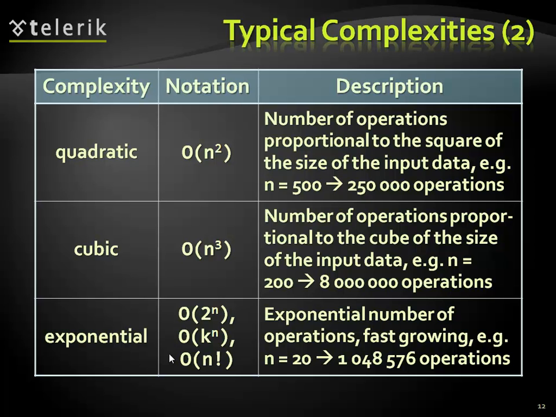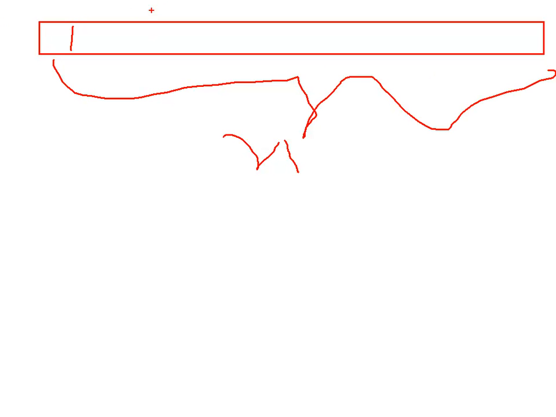Okay, quadratic complexity. For each element, you go through all of the other elements, for example. If you want to create all of the pairs in one array, for example, you have an array of n elements. All of the elements are n. And you want to create all of the pairs.